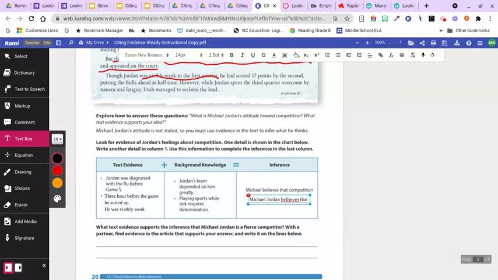I'm going to give you just a second. Michael Jordan believes that competition, what? Think about it because I want you to write it in your notebook. You got it? Michael Jordan believes that competition, don't say it's important.